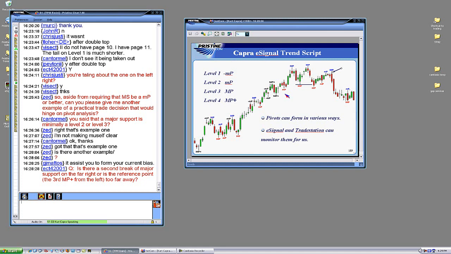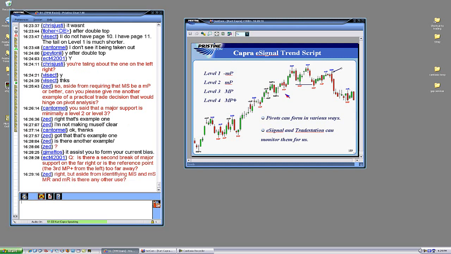I think that's as simple as you really want to look at that. As long as the trend is up, based on our definition, you're buying the pullbacks. Once one pullback breaks, you start thinking opposite.